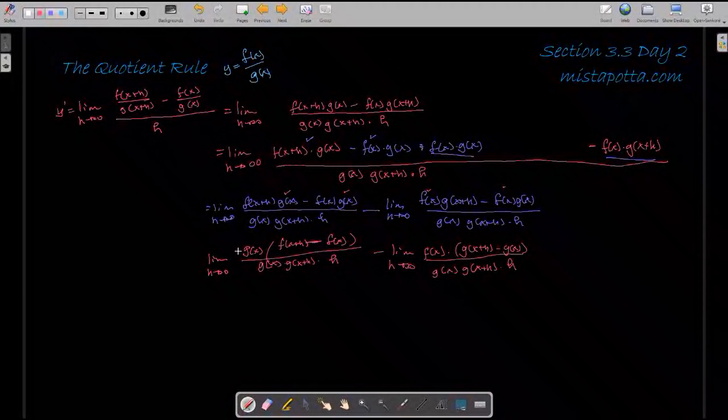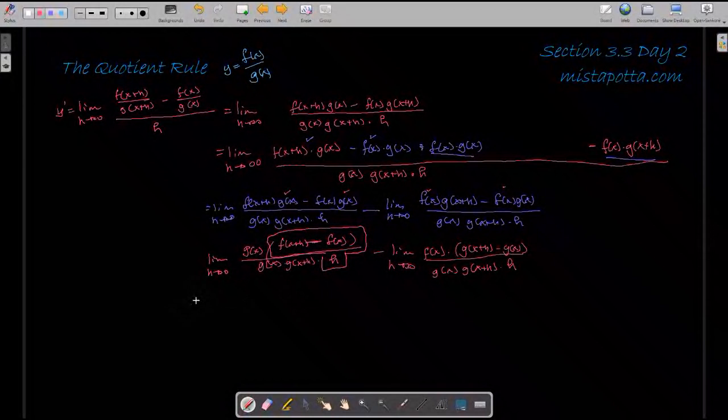But remember that the common factor we were always trying to eliminate was h. This isn't h. I need to eliminate this h. I need to do something with this h. And the something is to bundle it together with this function.